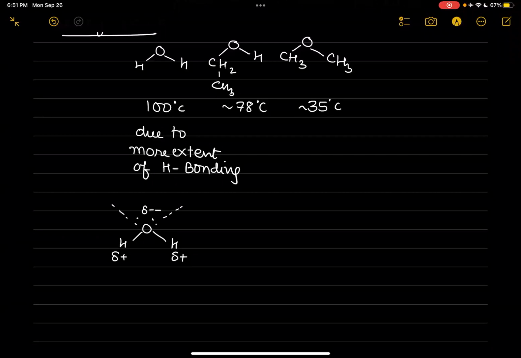So what happens over here is, all the water molecules feel somewhat attracted to one another. Especially the H plus of one water molecule will get attracted towards the negatively charged oxygen of another molecule, right?